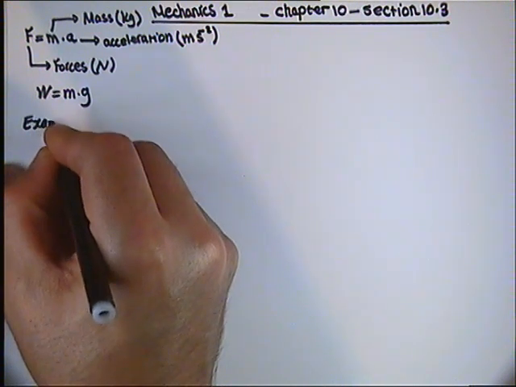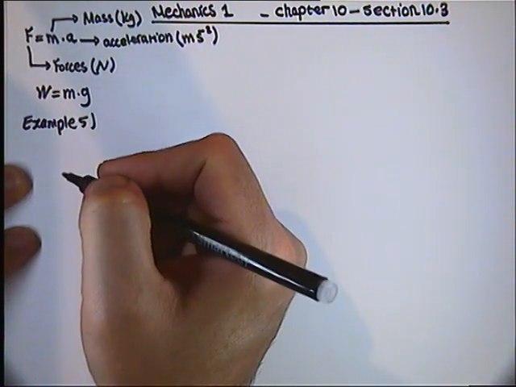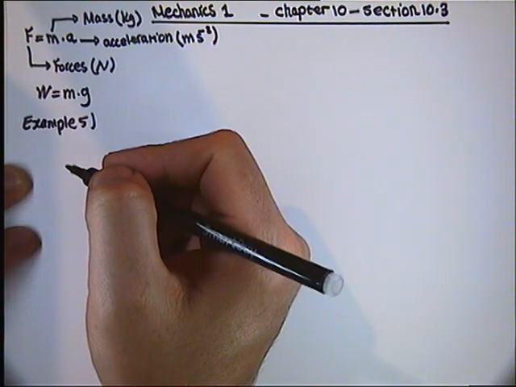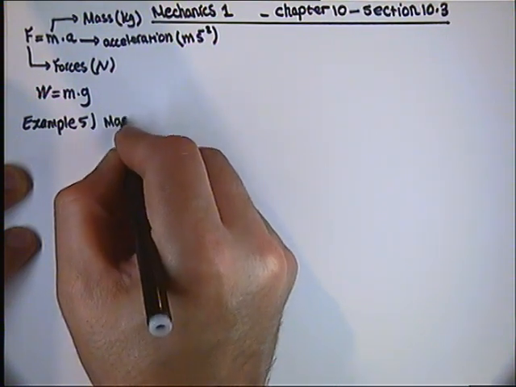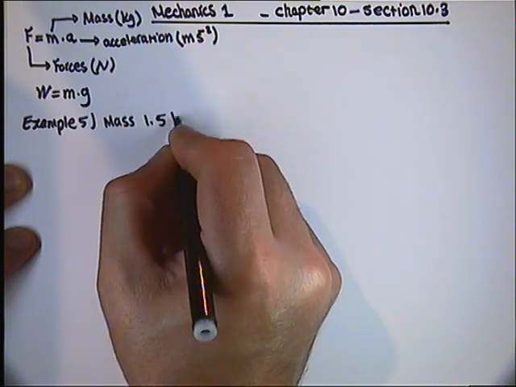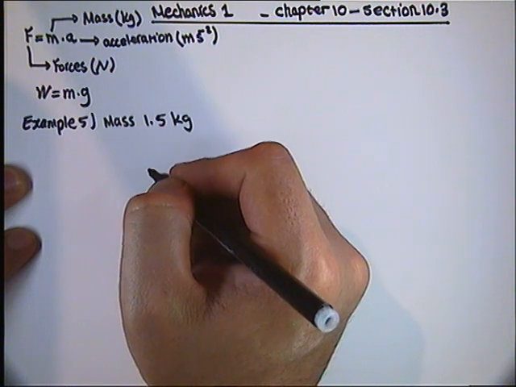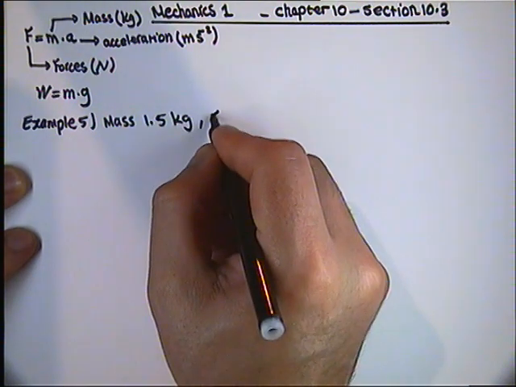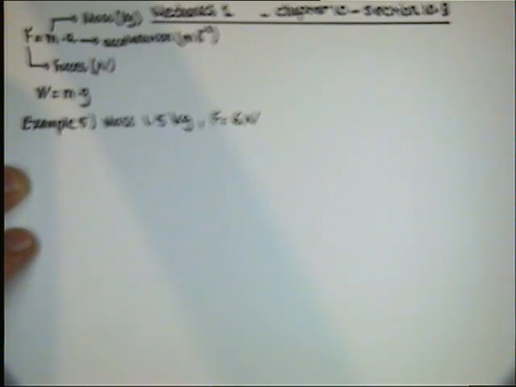Example 5 from the textbook. It says find the acceleration when a particle of mass 1.5 kg is acted on by a resultant force of 6 Newtons.